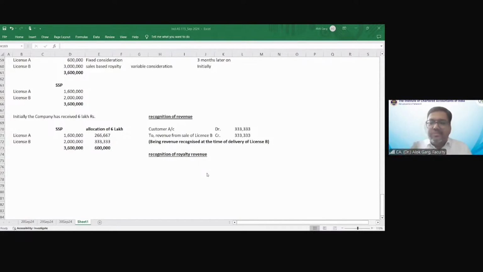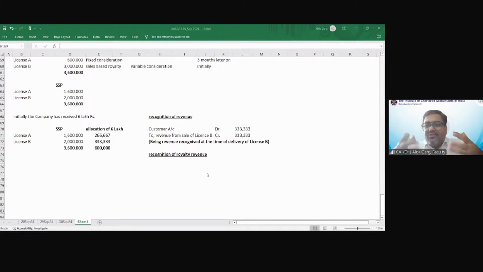B's price was increased, A's price was reduced. Why? Because the entity wants to recognize more revenue upfront. Because the entity is delivering license B first and the entity will deliver license A later on. So in this entire contract, there is a nexus.